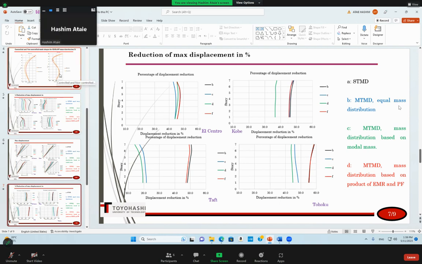Because in many research papers, researchers didn't concentrate on the amount of mass of each TMD, so maybe it's a good idea.